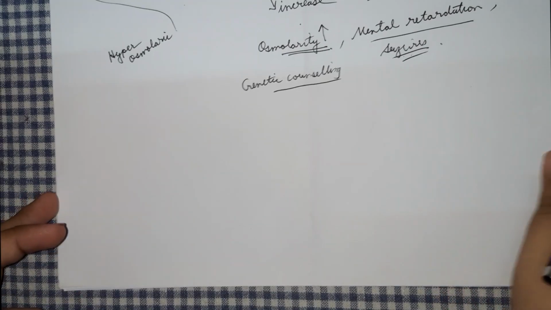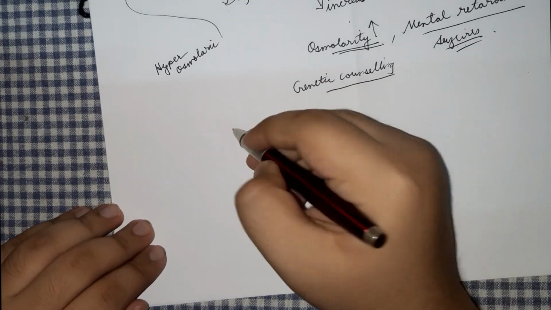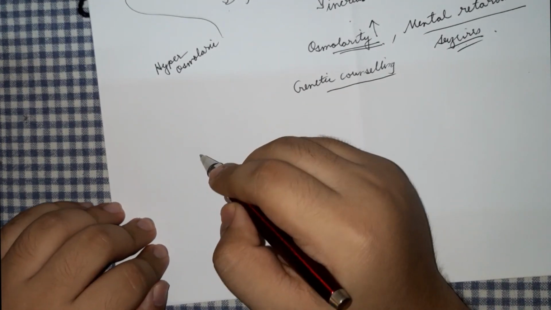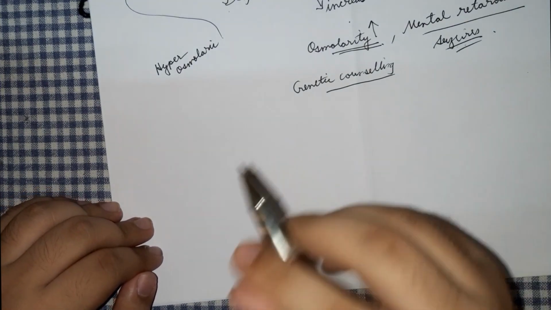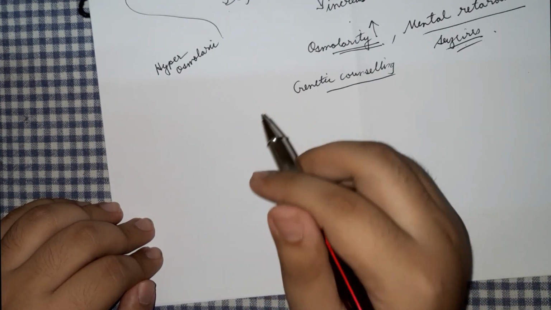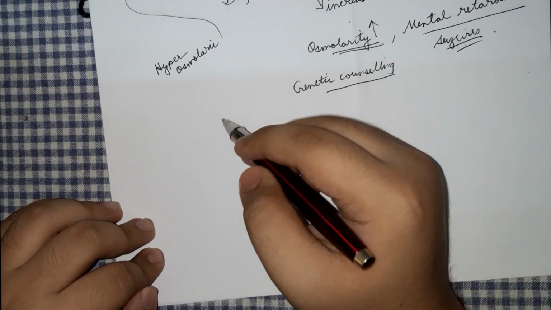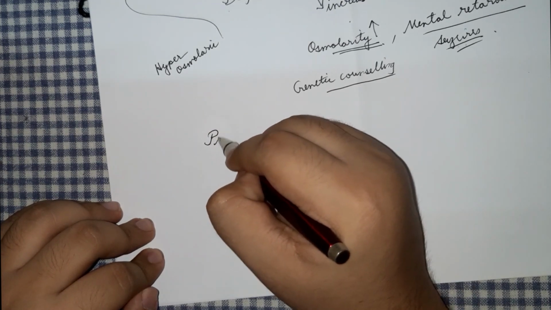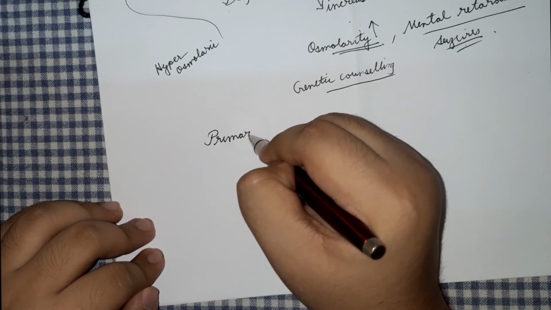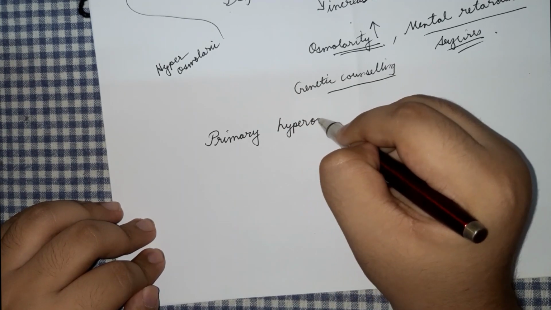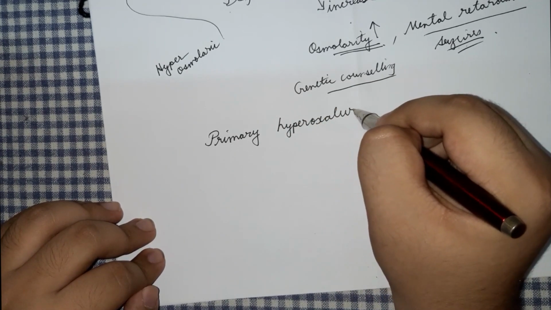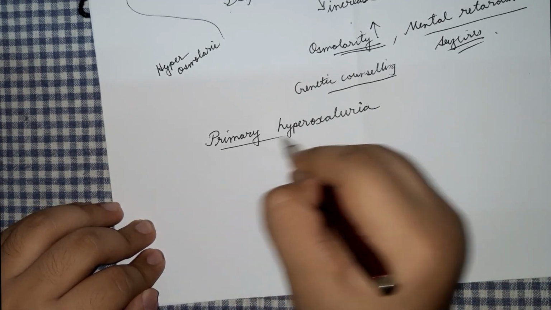Now we move on to the next defect, the last defect, and also the most important metabolic error related to glycine. That is primary hyperoxaluria, right?